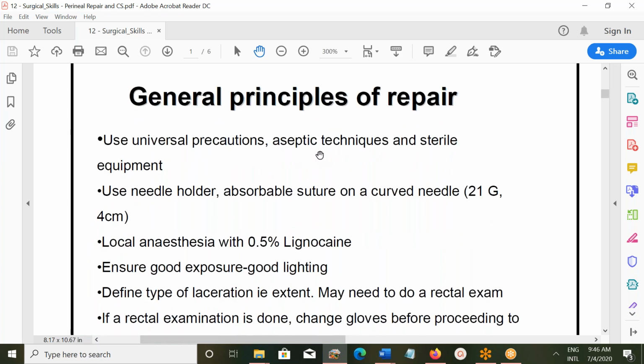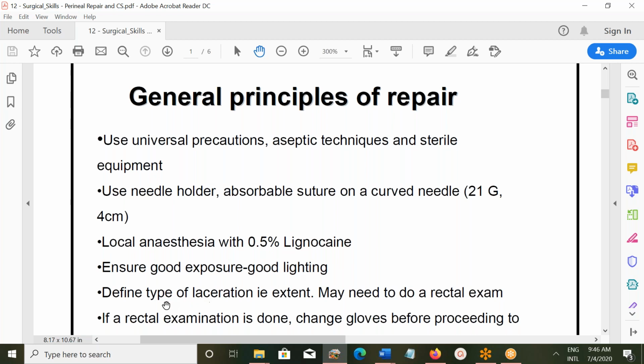Surgical field should be clean. Aseptic technique should be used. Sterile equipment should be used. Choose needle holder, absorbable suture on a curved needle, like 21G, 4 centimeter diameter, then 4 centimeter radius, then local anesthetic, mostly lignocaine 5.5%.